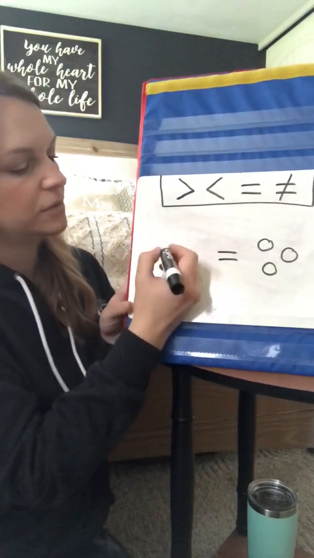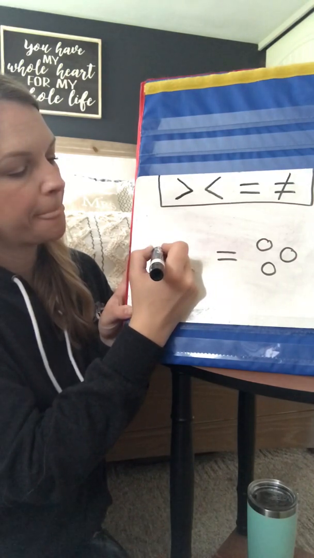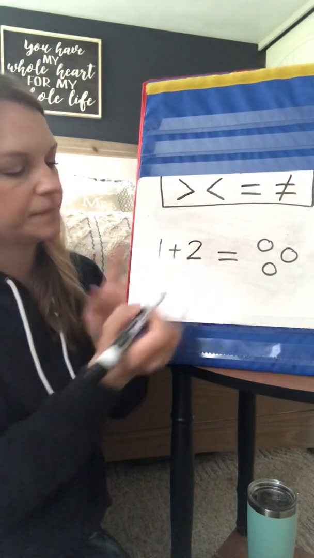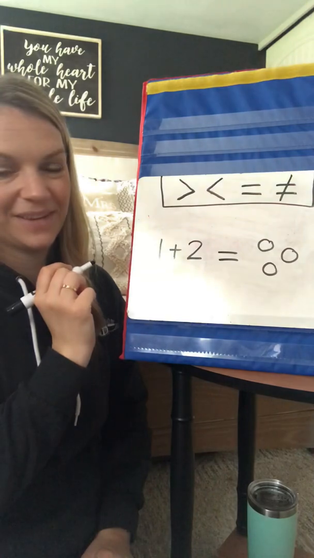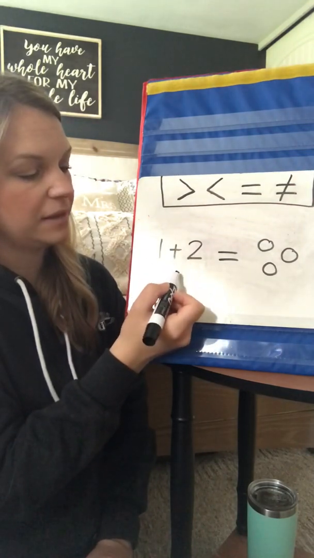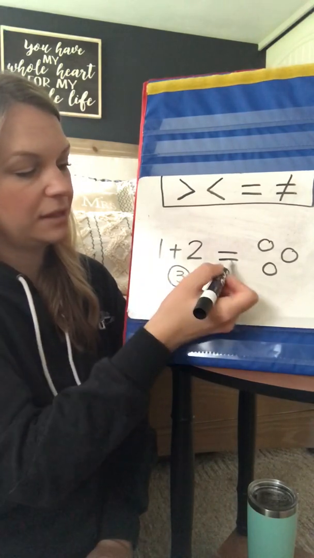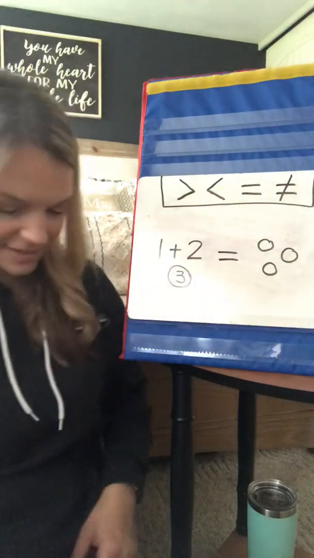And I could do 1 plus 2. This is a tricky one. Okay? So 1 plus 2 is how many? 3, right? Does 3 equal 3? Yeah, so that still makes sense.